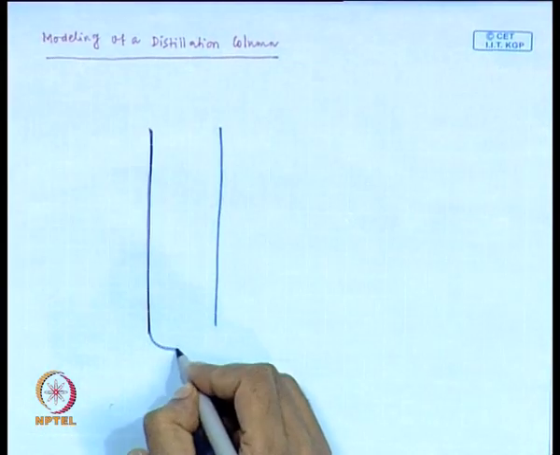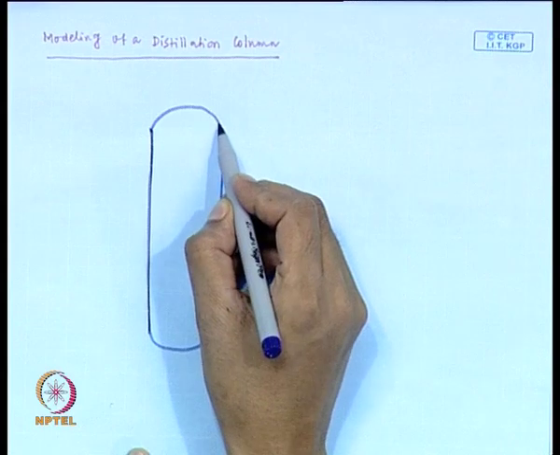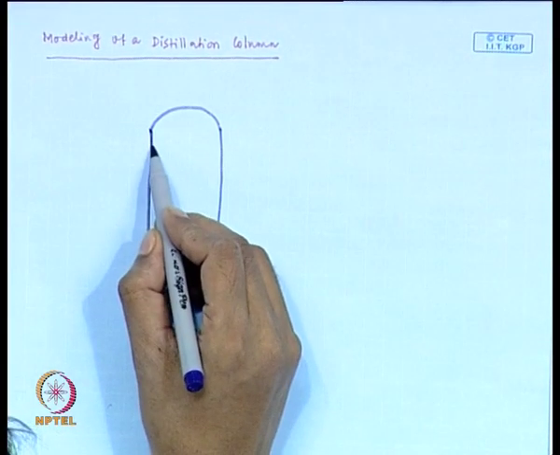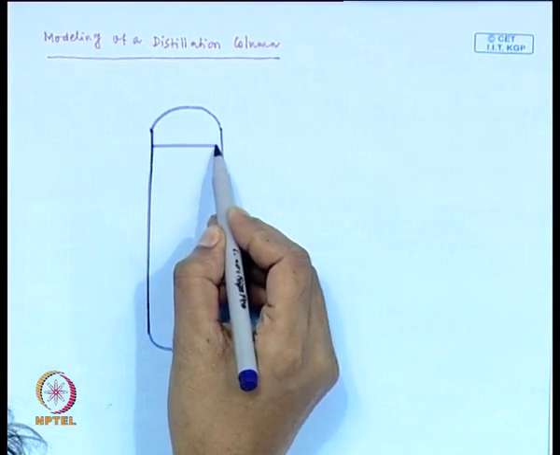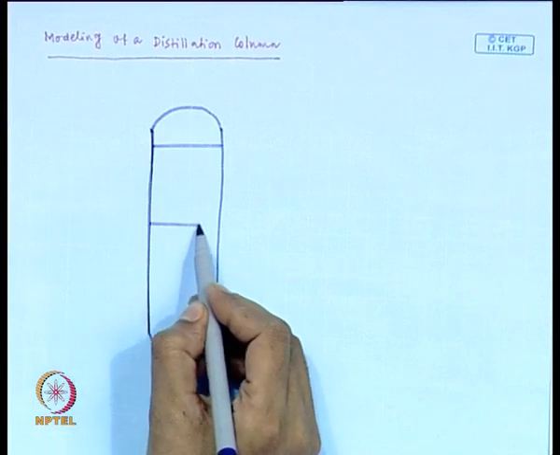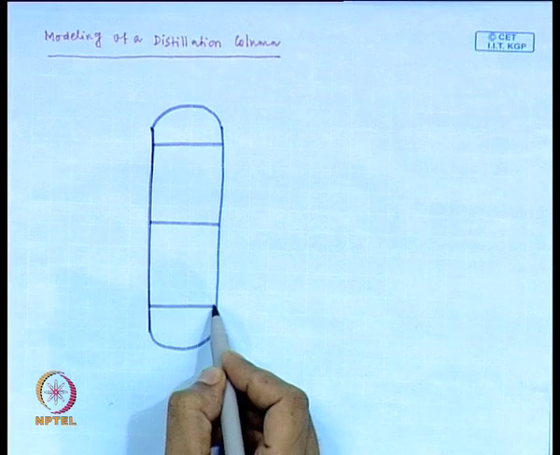This is the tower column section. This is the top tray. This is the feed tray, and this is suppose the bottom tray.